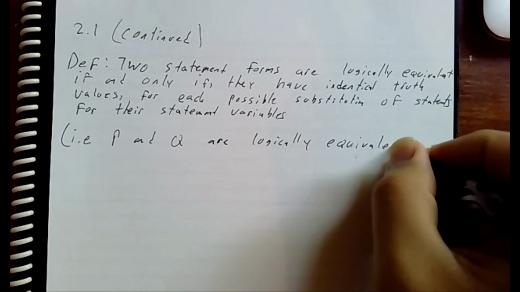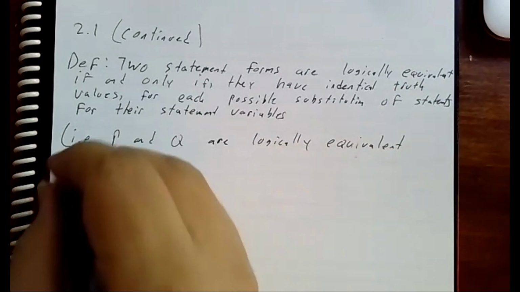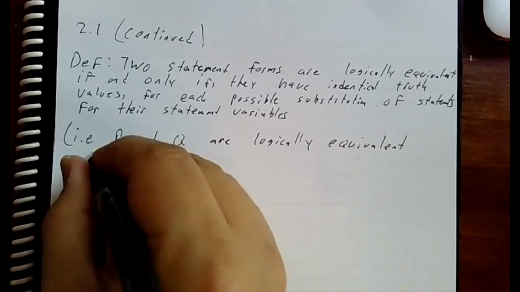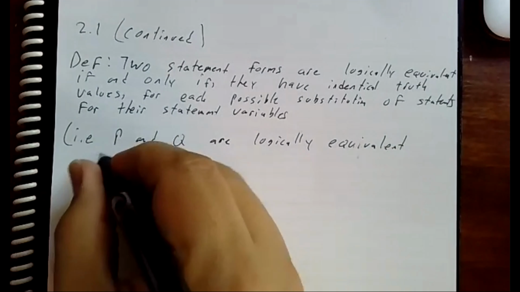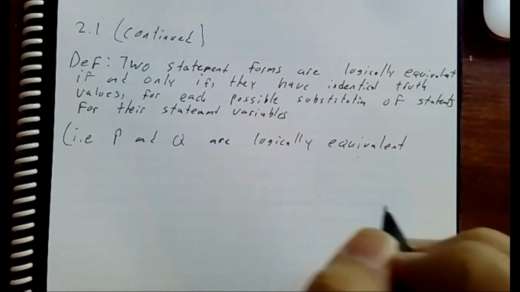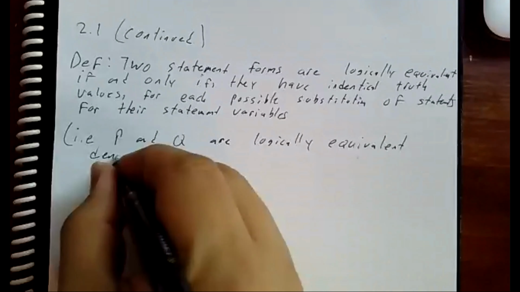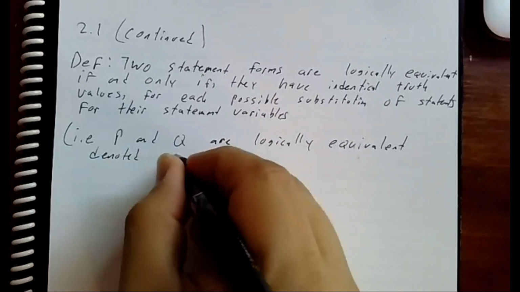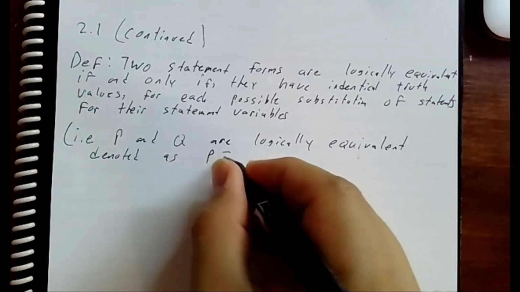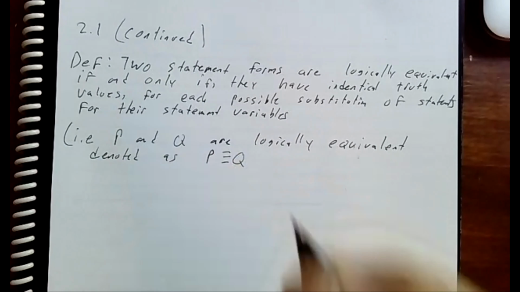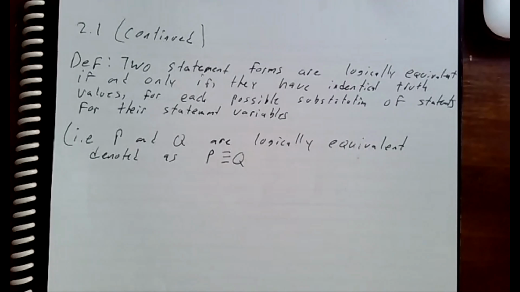Equivalent. Denoted as P, so it's like a triple equal. That makes sense. So if you see that, that means that the P statement and the Q statement have the same truth values for every possibility, every substitution.